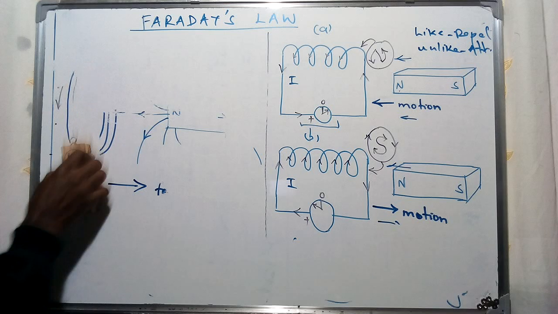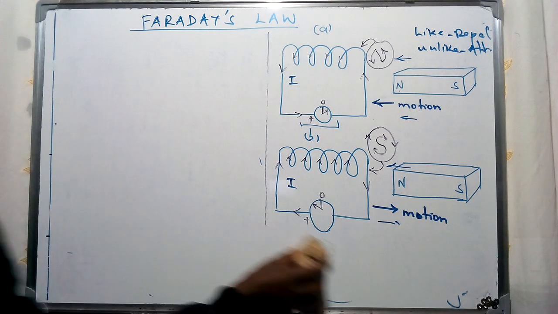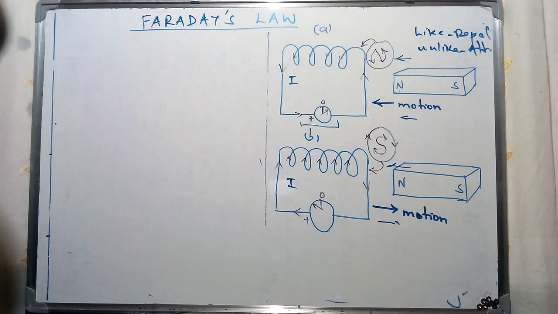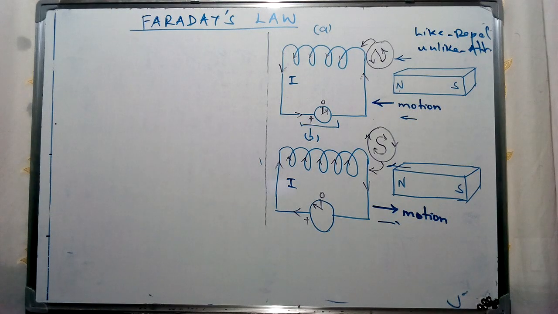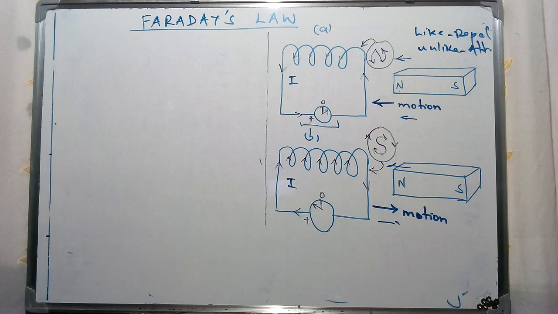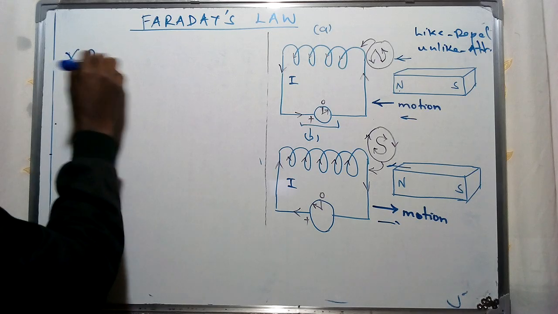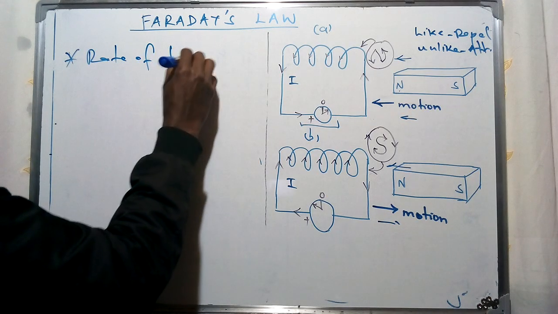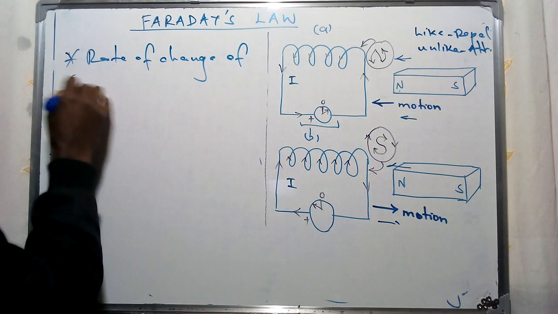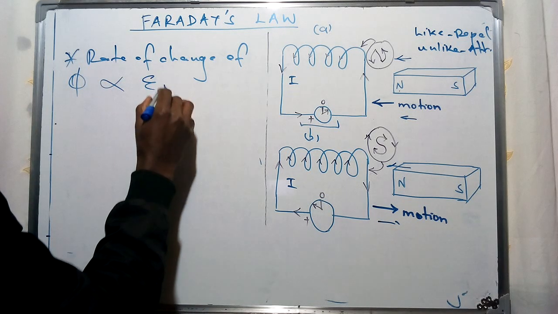In this case, I'm going to do that one in terms of an equation, which is going to help us compare the magnetic flux and the induced electromotive force. This law, which is basically Faraday's law, states that the rate of change of magnetic flux is directly proportional to the magnitude of the induced electromotive force.